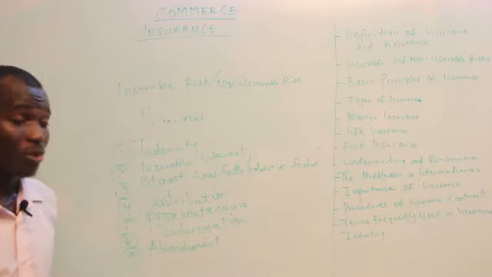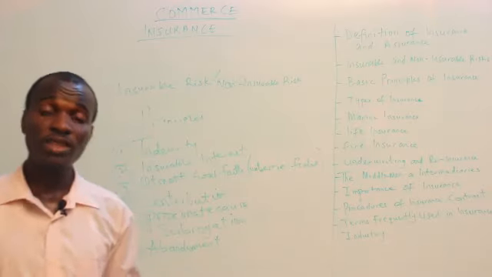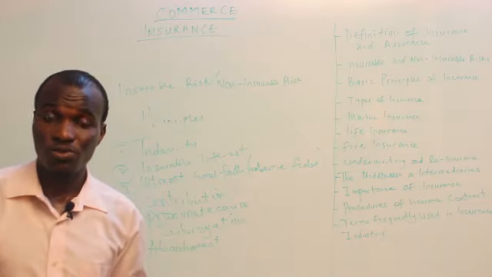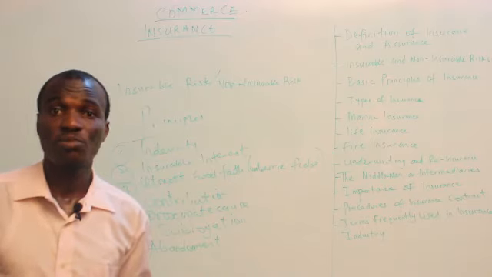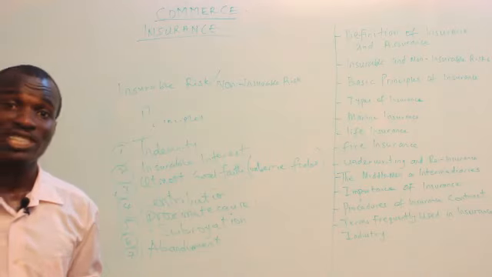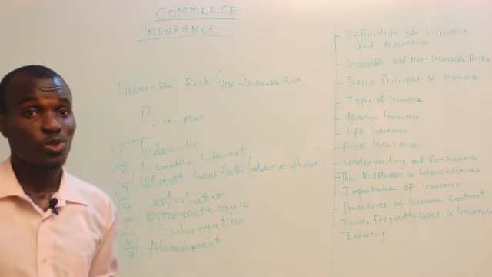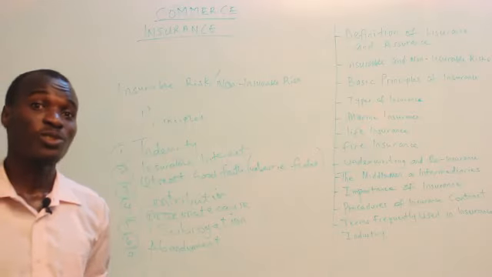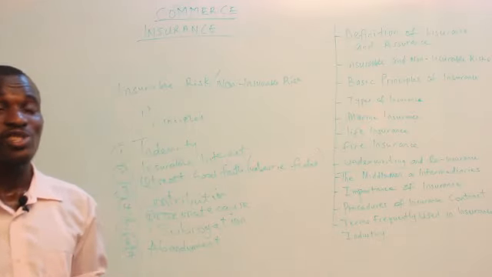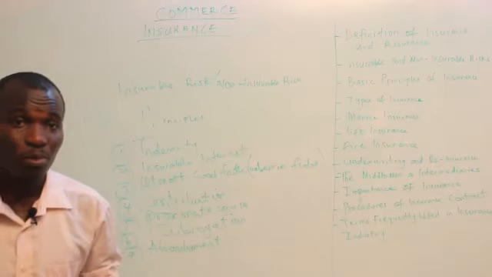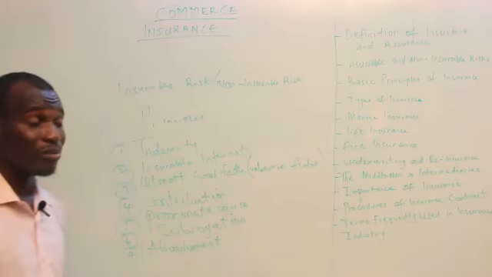Maybe a person insured a car against damage, and the damage is so much that the cost to repair the car is high. So what will happen? It's better for the insurance company to get a new car for that person. So the insurance company has the right to abandon the old car and get a new car for the insured person. That is what the principle of abandonment is telling us.